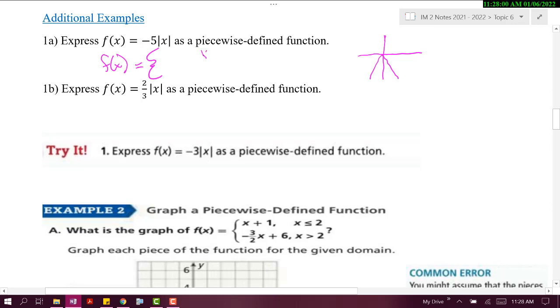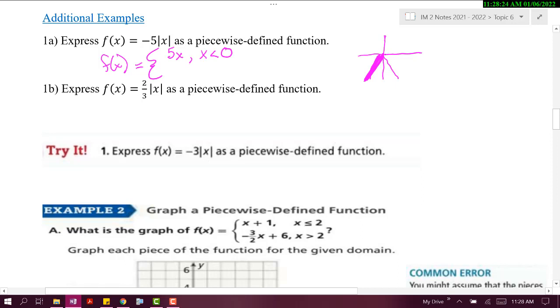so for x less than 0, we're talking about this side here. Well, the slope is 5. It's up 5 over 1, up 5 over 1, up 5 over 1. So it's just 5x.